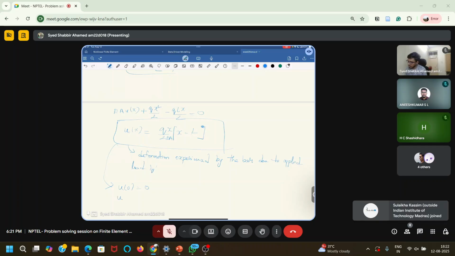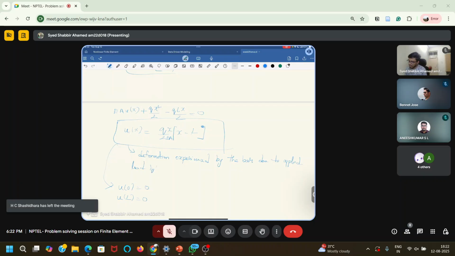If you substitute x equal to L here, you will get again 0. So this solution is satisfying the boundary condition. That is the first thing we have to look at. And then if you want deformation at any other point, you can just substitute the value of x, and you will get the deformation at that point on the bar.